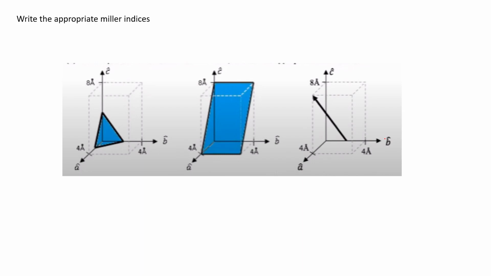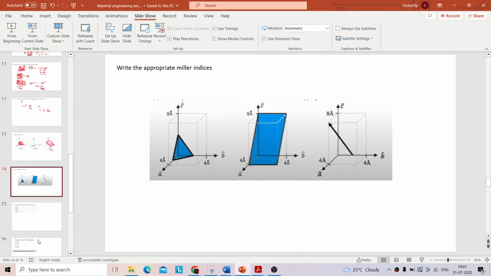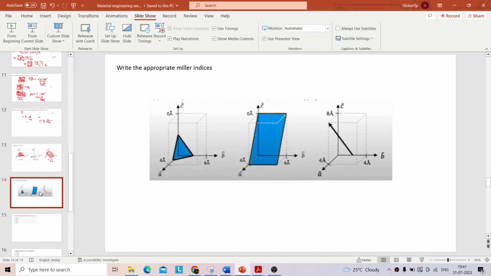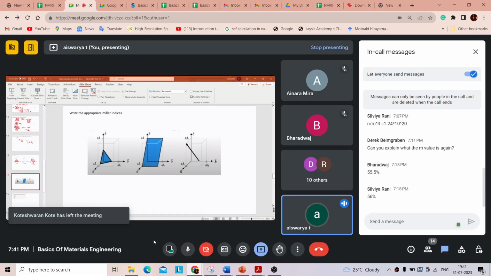Then you will get the answer for that question. Try to solve it and keep the answer in the chat box. It's a very easy question. You just have to solve it. Do the Miller indices problem for practice.